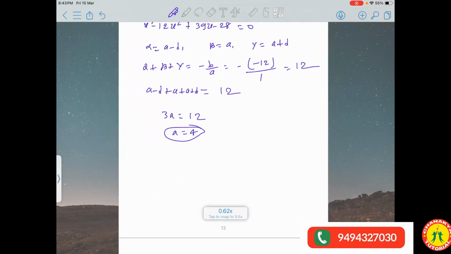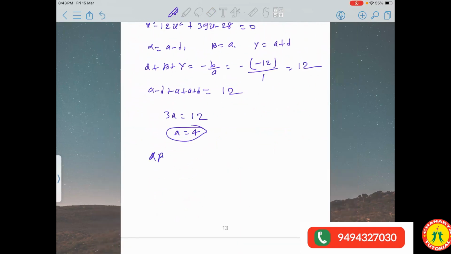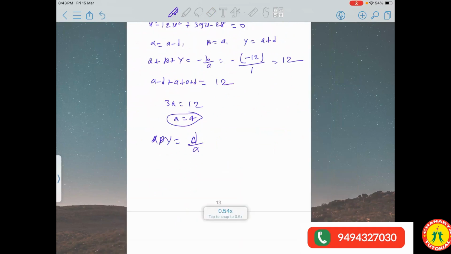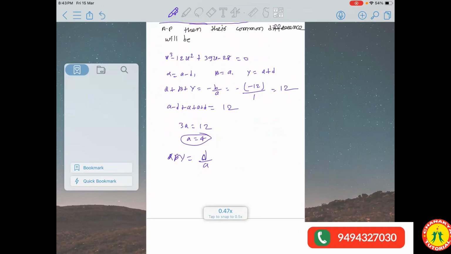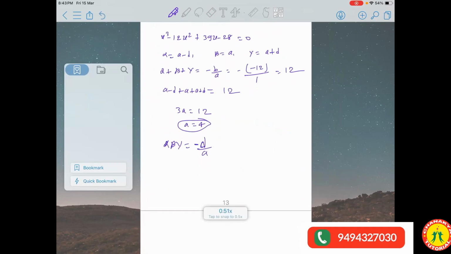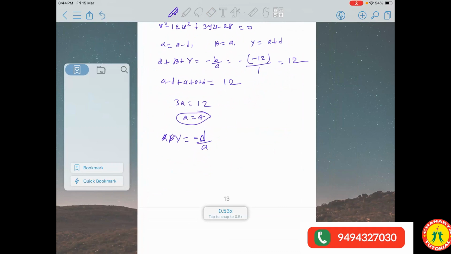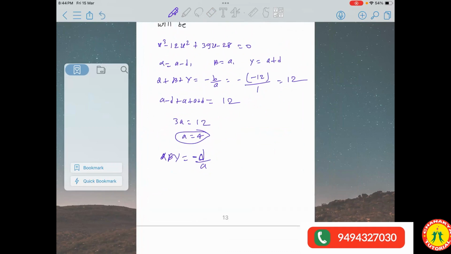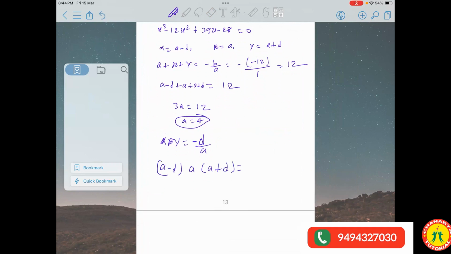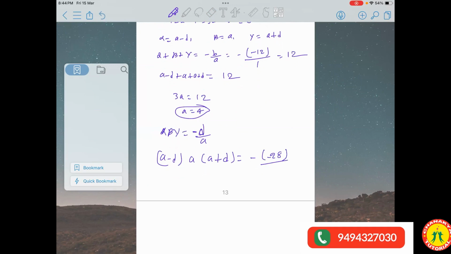And now use product of roots. Alpha beta gamma is equal to minus d by a. It means a minus d, a, a plus d is equal to minus d by a. It means minus of minus 28 by 1.